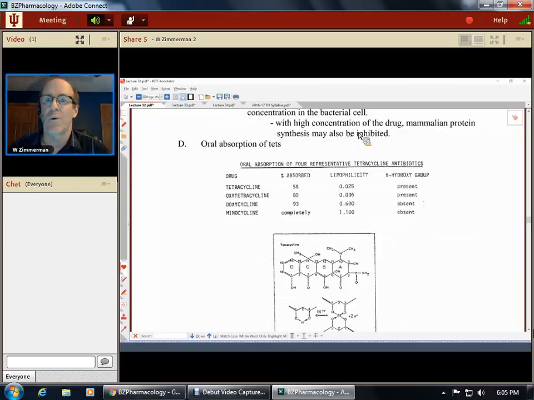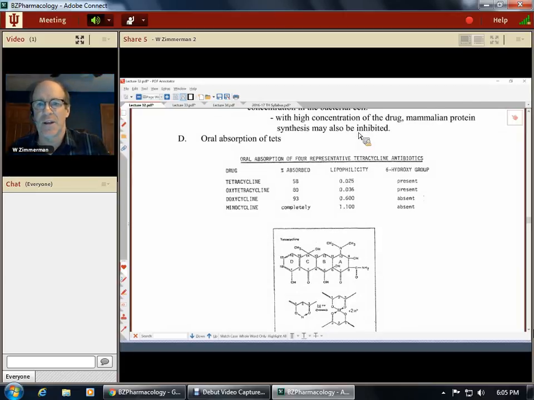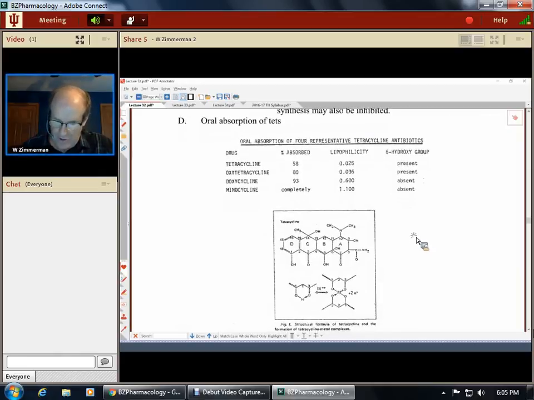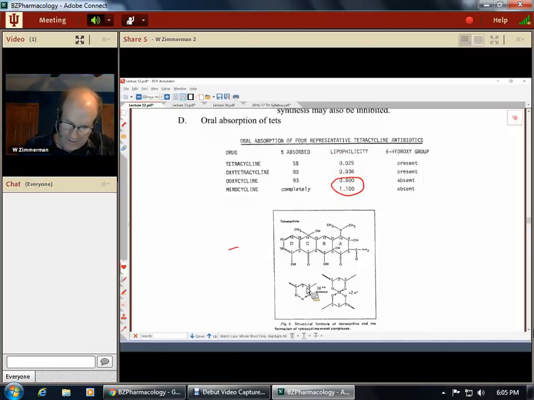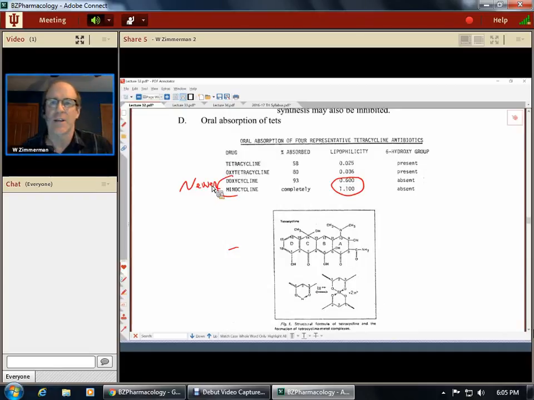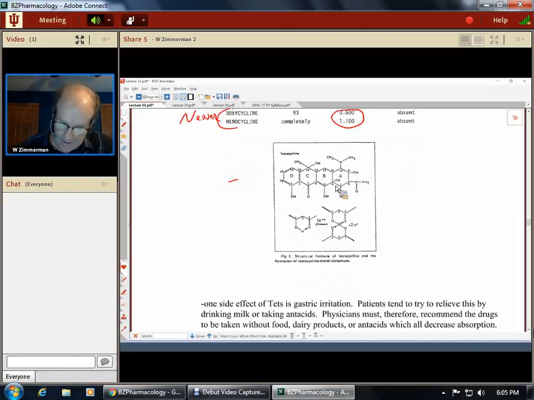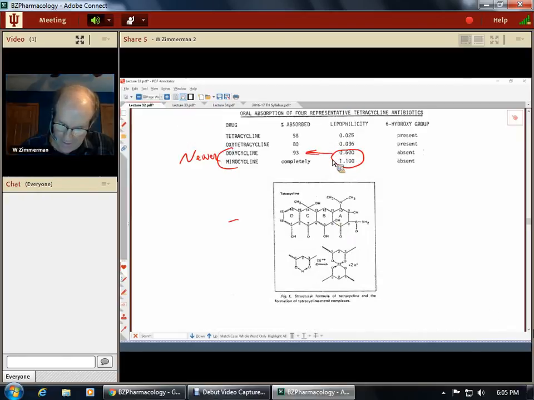And when we look at the oral absorption of the TETs, a couple of things here. I don't want to get too much into the chemistry. Let's focus on the lipophilicity. These two are the newer ones, doxycycline and minocycline. They're more lipophilic, and because of that, they've got better oral absorption, and they're missing a hydroxyl group.